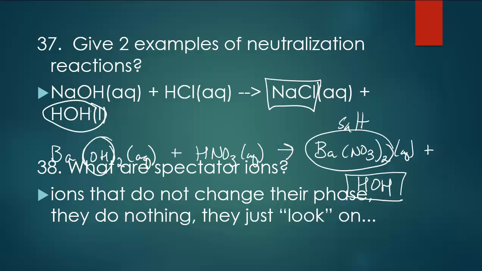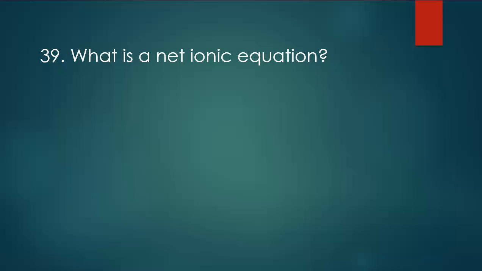No. Debatable. They call it the 12th man, when you are playing against a raucous crowd. Or they could streak the field. I guess they could. All right. Ions that don't do anything, they don't change phases, they just look on, are called spectator ions.